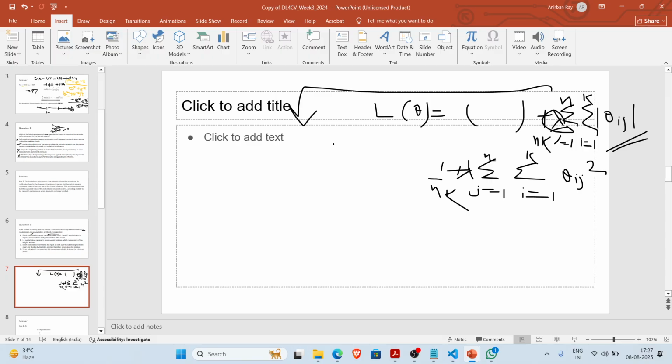The loss that we have here comes from the likelihood term, from maximum likelihood estimation, and this comes from the prior term. For this L1 norm, we use a Laplacian prior, and for this L2 norm, we're using a Gaussian prior.